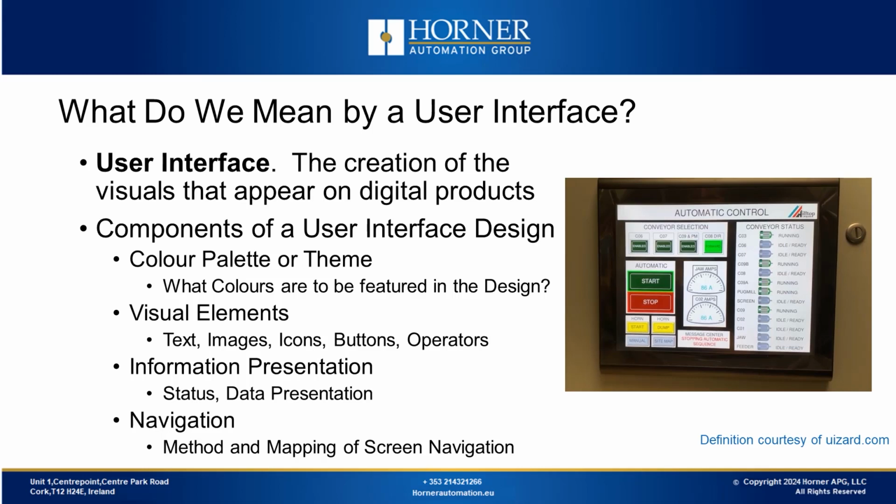These are digital products with visuals that are used to interface with the user or operator. A user interface design has many different components to consider, such as the color palettes and themes, the visual elements such as text, images, and interactive features such as buttons, presentation of data and information, and the navigation for users to go from screen to screen.